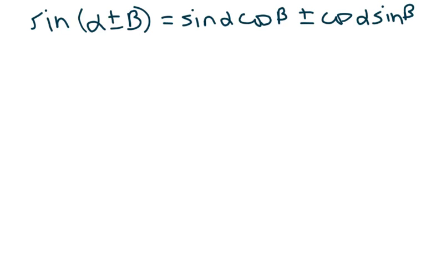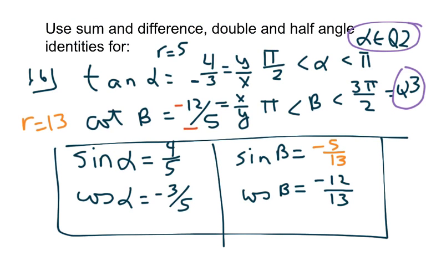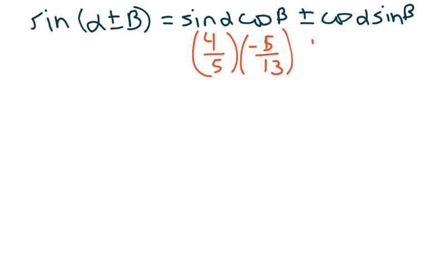Looking at my piece of paper, sine of alpha is 4/5. Cosine of beta is negative 5 over 13. Let me make sure I did that right. Yes. Plus or minus cosine of alpha is negative 3 over 5, and sine of beta is negative 12 over 13.